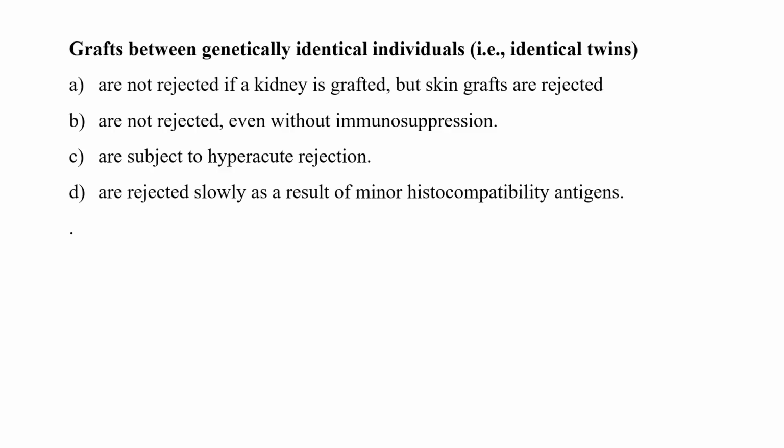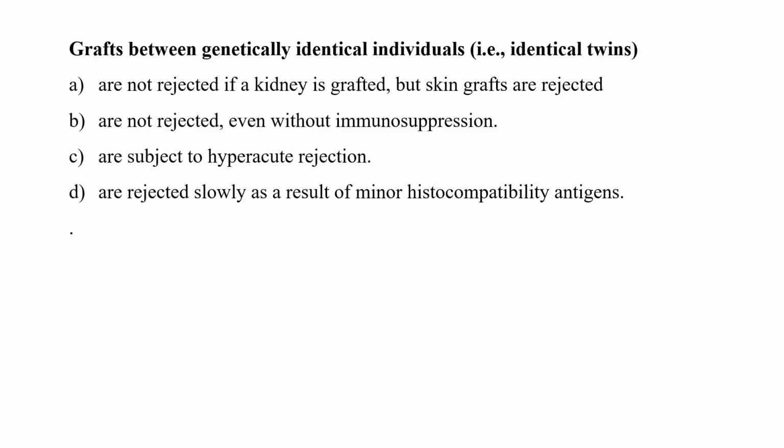Grafts between genetically identical individuals, that is identical twins, are not rejected if a kidney is grafted, but skin grafts are rejected, are not rejected even without immunosuppression, are subjected to hyperacute rejection, or rejected slowly as a result of minor histocompatibility antigens.